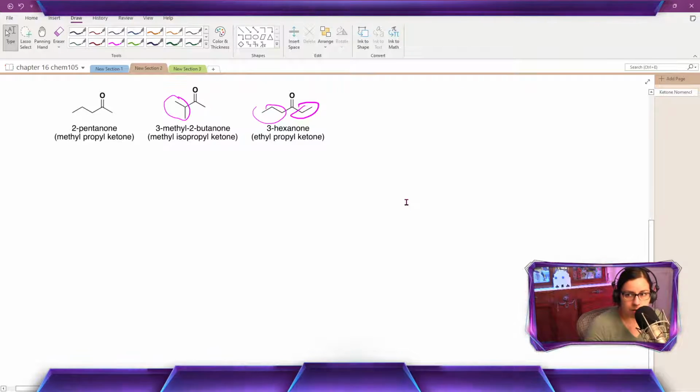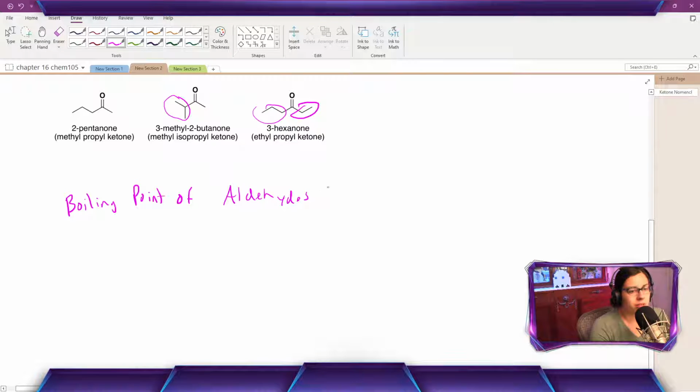Some other properties, I feel like this has come up before. The boiling point of aldehydes and ketones. What do you think their boiling points may be? Well, what kind of intermolecular forces do they have?